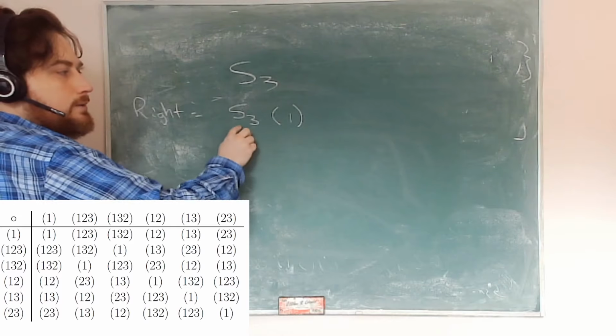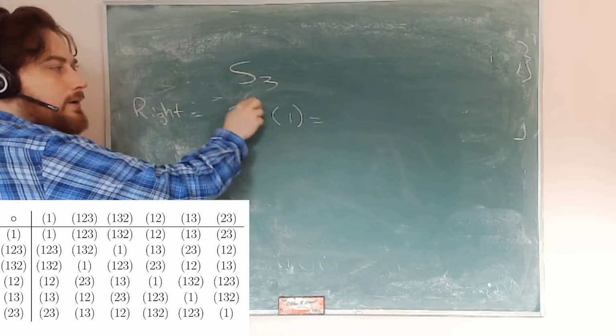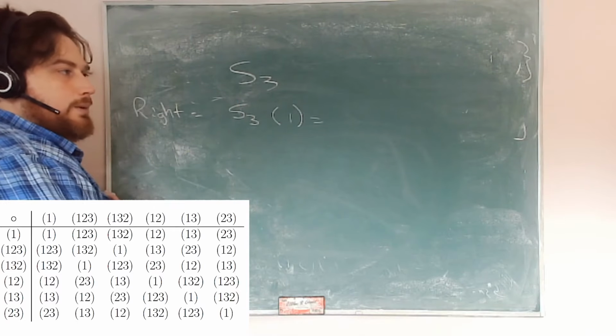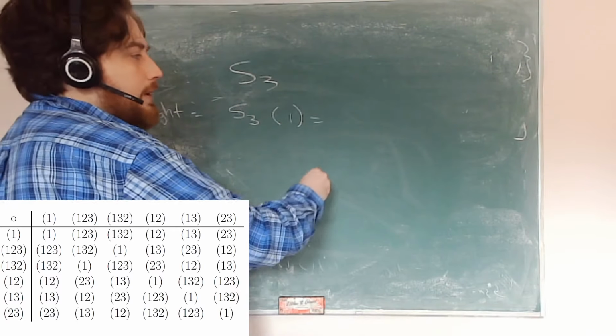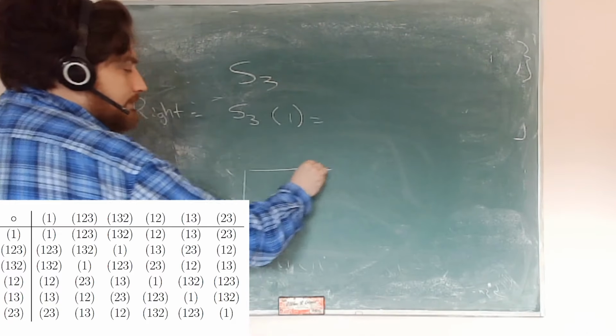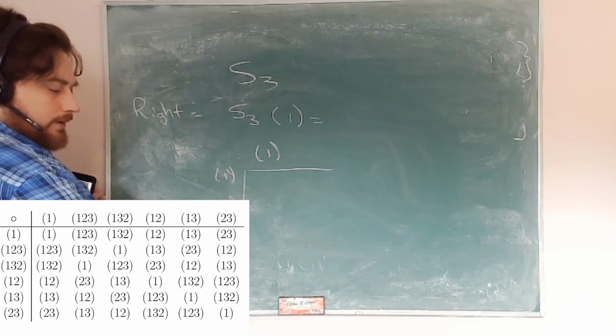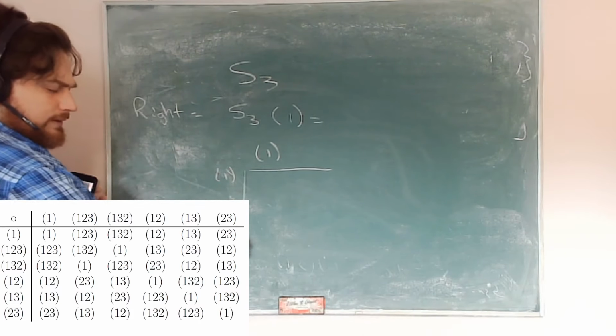And so what I want to think is, what does the set S3 with 1 look like? Well, I'm going to take all the elements of S3 and compose with 1. It's hard for me to point at the Cayley table, but the idea is that 1 is now on the right, and I have each of these elements 1, 2, 3.